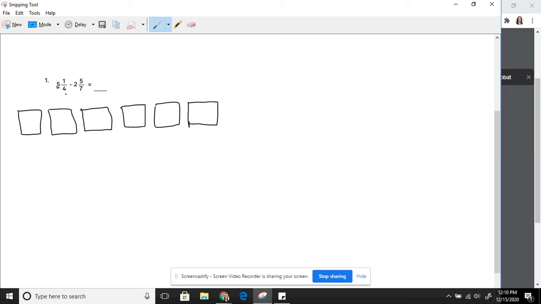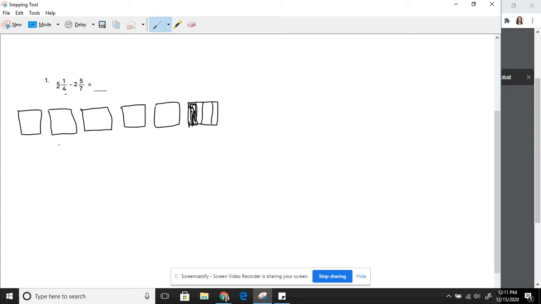Our denominator is 4, so I'm going to break apart this whole into 4 pieces. So there's 2 pieces, 3, 4, and they're not even, but that's okay. We are only looking at 1/4, so I'm going to shade in 1/4.